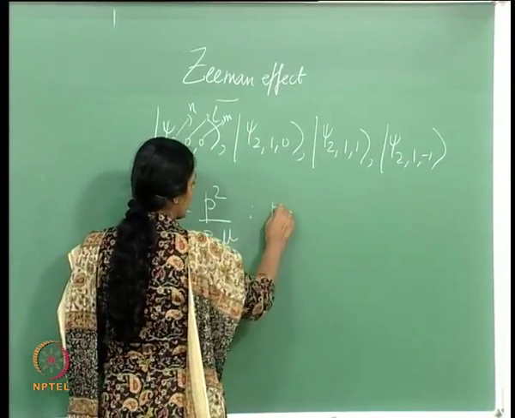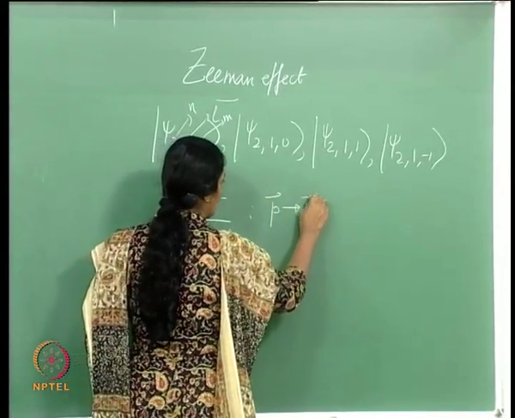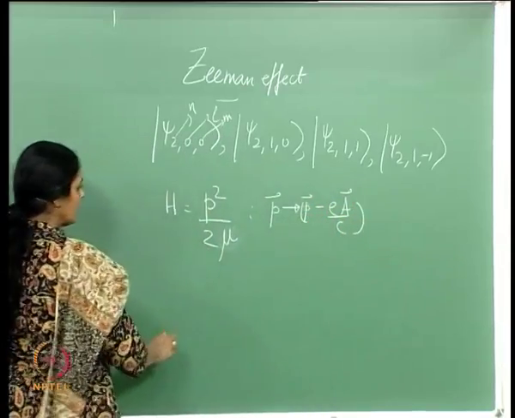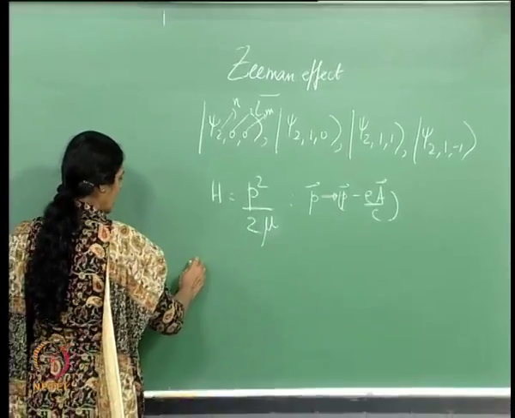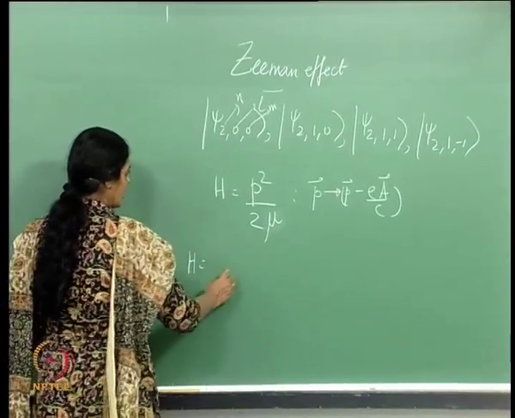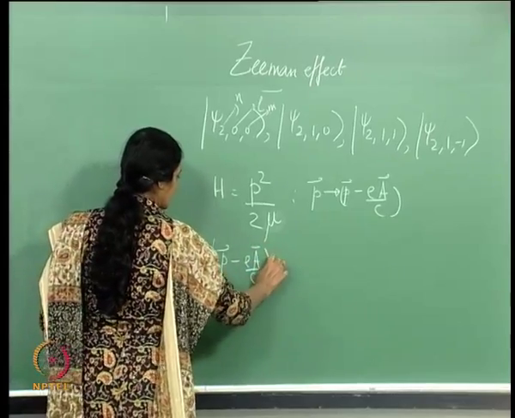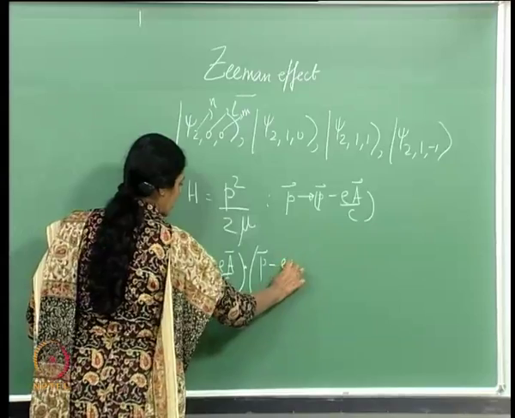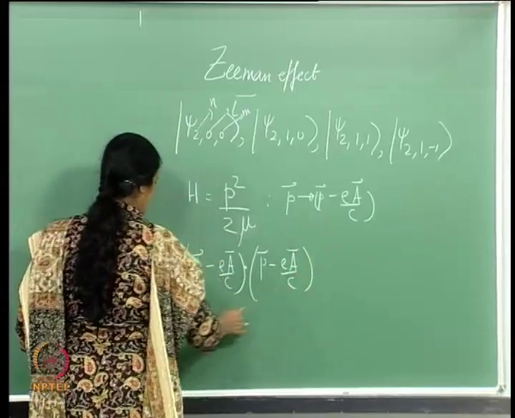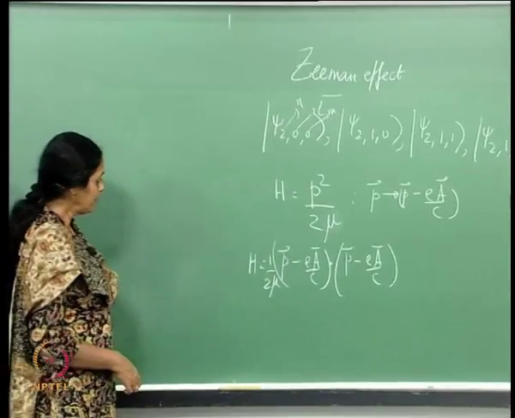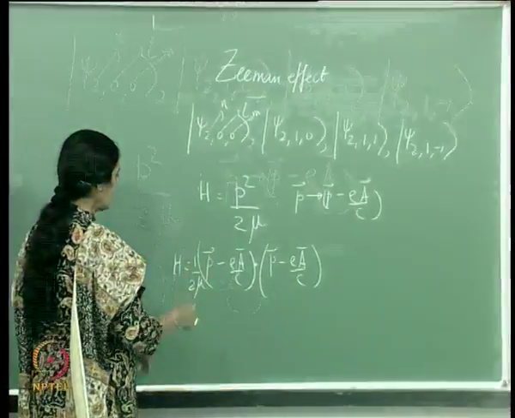That means that p goes to p minus e A by c, and therefore the Hamiltonian itself is p minus e A by c dotted with p minus e A by c, and the whole thing has a 1 by 2 mu outside. So, what are the various terms?